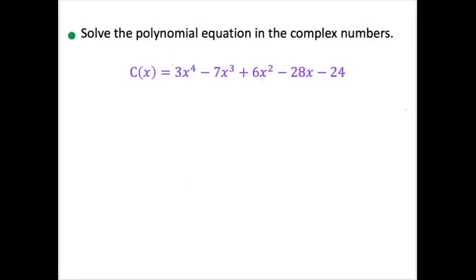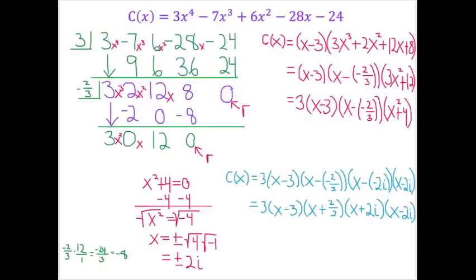And so the task that we had was to solve the polynomial equation in the complex numbers. So let's go ahead and do that. Solving it isn't just factoring it, but it's identifying the zeros. So let's go ahead and write those down.